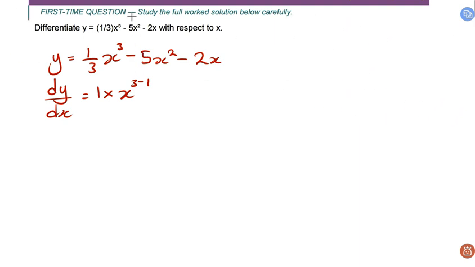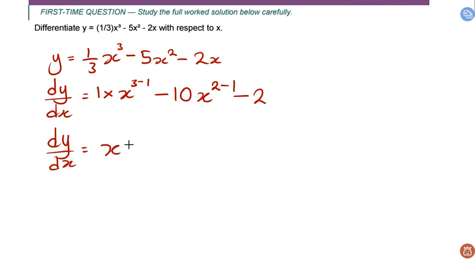Now here, you have negative 5 x to the power 2. Remember, negative 5 times 2 will be negative 10 times x to the power 2 minus 1. When you have something like this, just get a negative 2. So dy over dx will be equal to 1 times x to the power 3 minus 1, which is just x to the power 2, because 3 minus 1 is 2, minus 10x to the power 1.